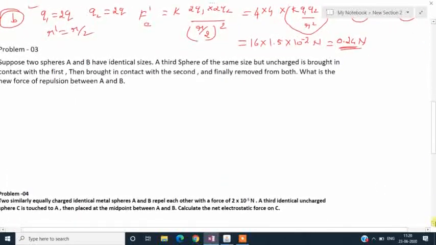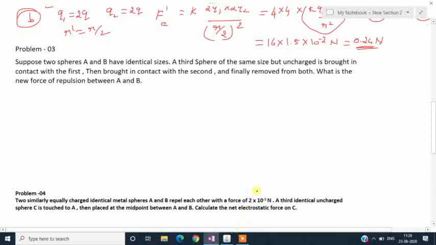Okay, the next one, this is a famous problem. It's also given in your NCERT book so many times. It has appeared in your exam. Suppose two spheres, it's a continuation of the above problem, but with a little change.